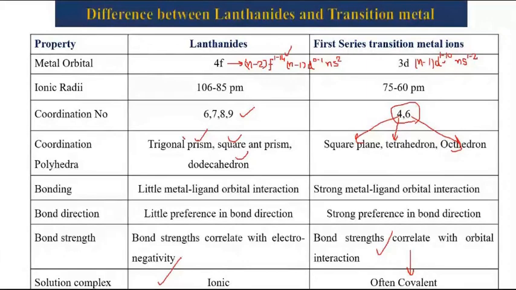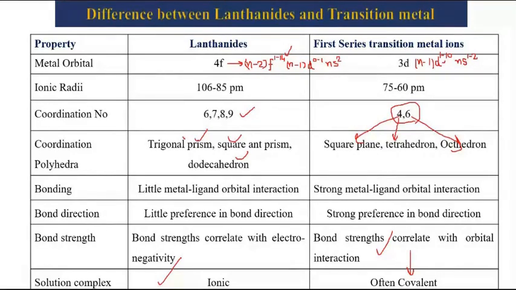So the coordination polyhedra in case of transition element, for coordination number 4, is tetrahedral and square planar. However, 6 corresponds to octahedral. Here it will be trigonal prism, square antiprism and dodecahedral like geometries. Bonding: there will be weak metal ligand orbital interactions. However, in case of transition metal, there are strong metal ligand orbital interactions.